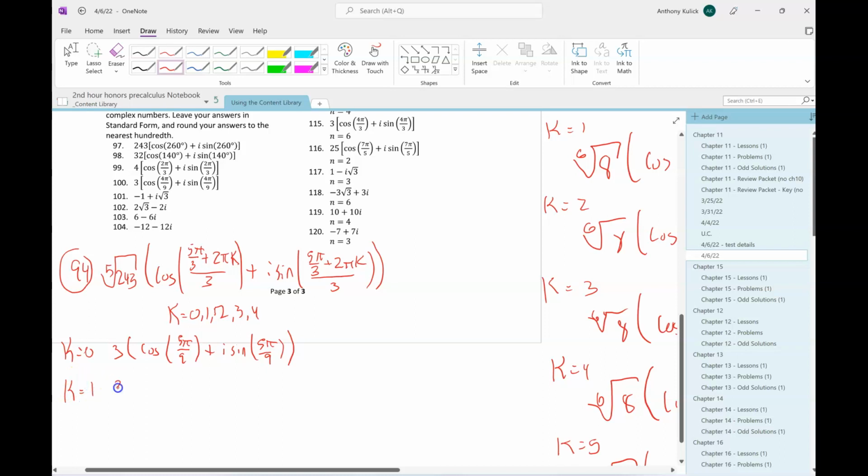K equals 1. 3 times cosine. So 2 pi plus 5 pi over 3 is going to be 11 pi over 3. So it becomes 11 pi over 9 when I divide by 3.